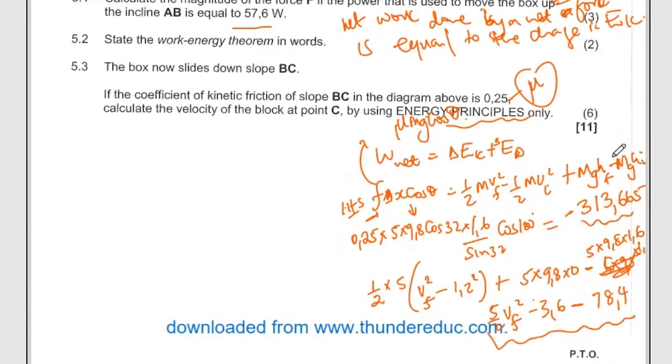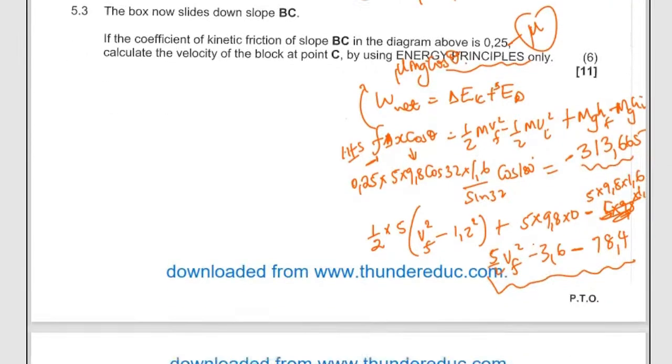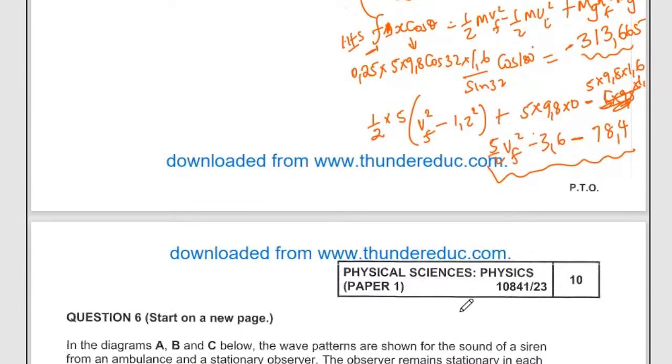Okay, so this is what I'm having by my right-hand side, and this is what I'm having by my left-hand side. So now it's time for me to compare the two sides. So 5 over 2 VF squared, minus 360 minus 78, I'm getting 438, is equal to the 313,665.